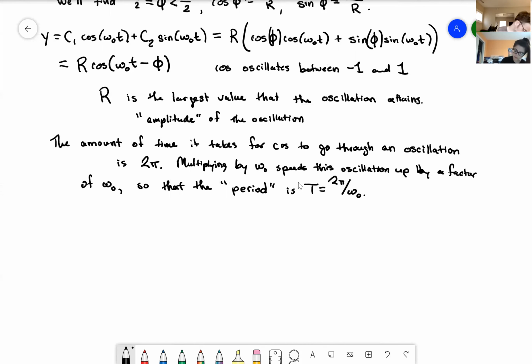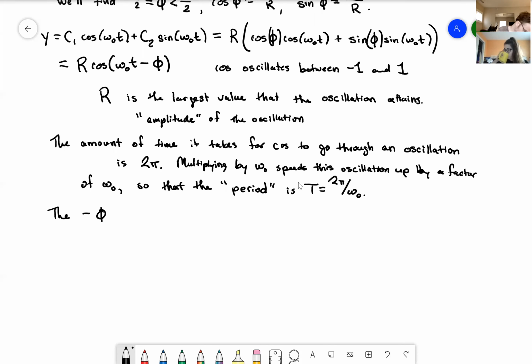And finally, the minus phi inside the cosine merely shifts where we're starting from. If we're starting from 0, then subtracting phi from that term will shift it forward by phi. So we have to get to the time phi, or the input phi, before we can say that we are at the input of 0.